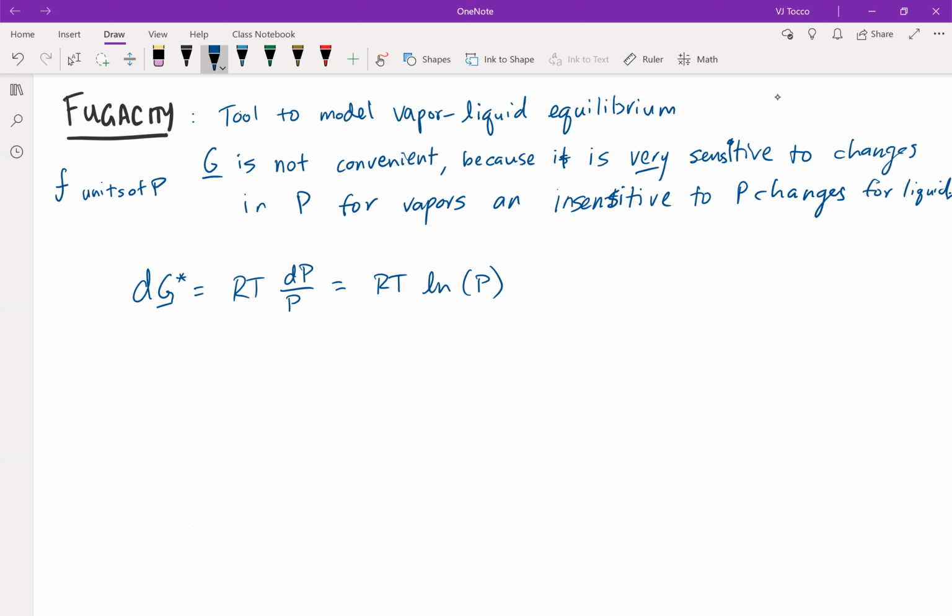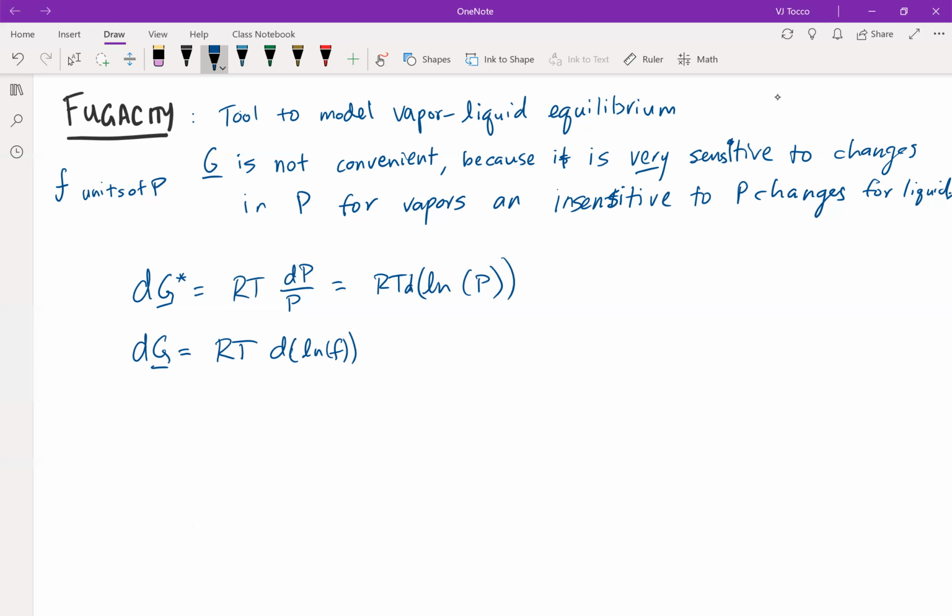So this is how fugacity is mathematically defined: dG, designed so that it mirrors this expression, is RT d ln of f. Now, when we take the, oh, wait a minute, I'm sorry, this has got to be d ln of P. Right, there we go.